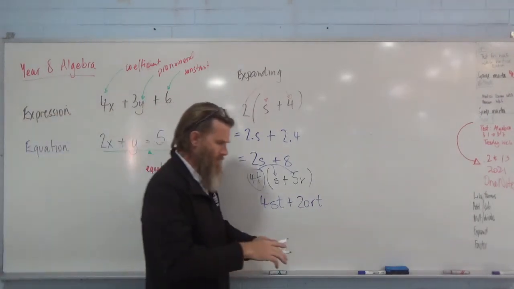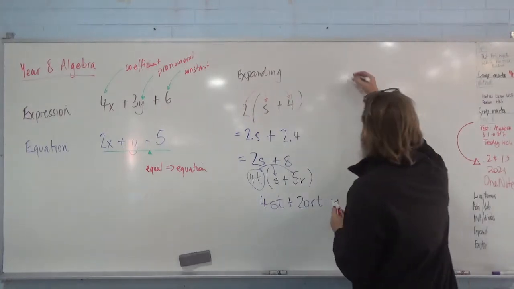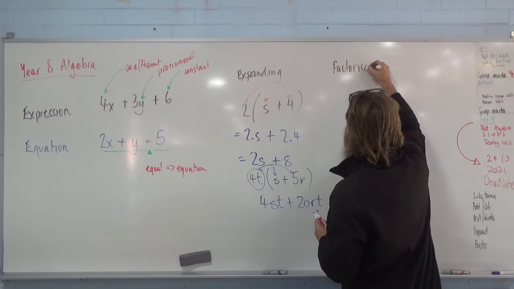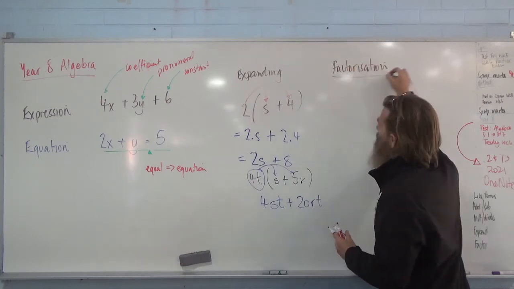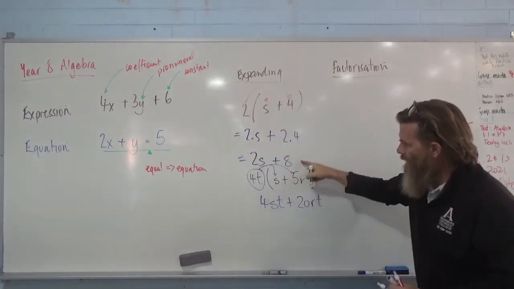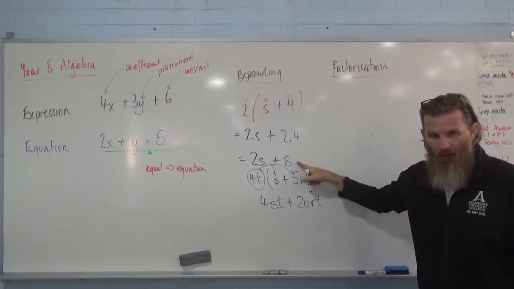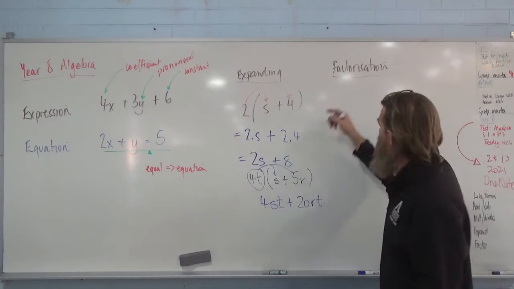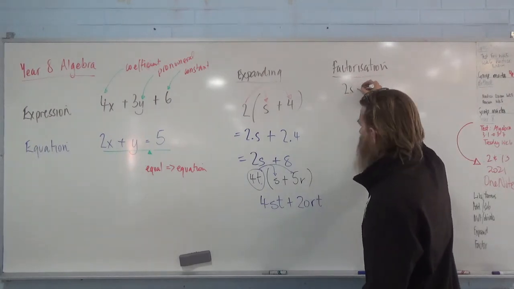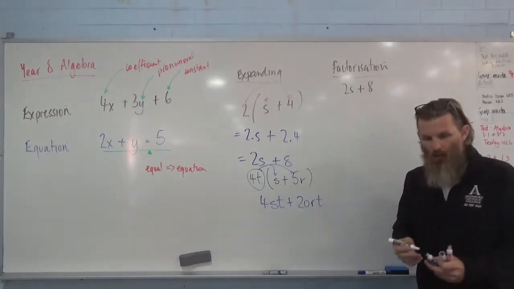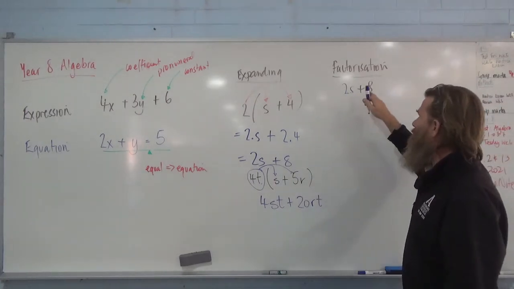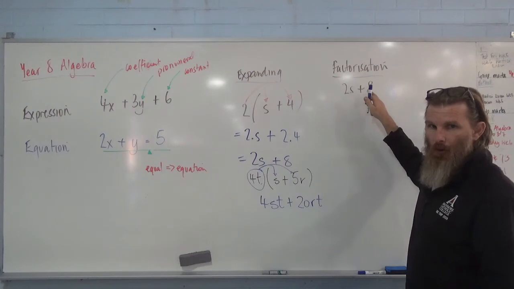This gets a bit tricky, but this is our last one we've got to do. When we're factorising, we're going to use this right here as my question. Now it was the answer here, but I'm going to use it as my question. 2s plus 8. Now when you're factorising, you are looking for something that is common to both terms.